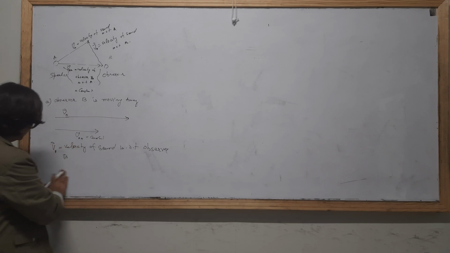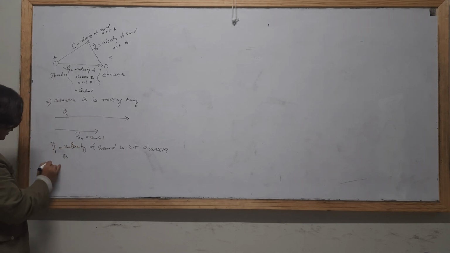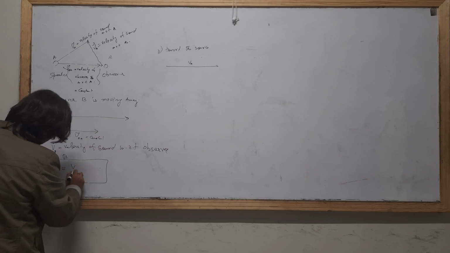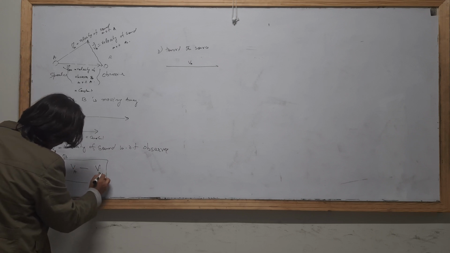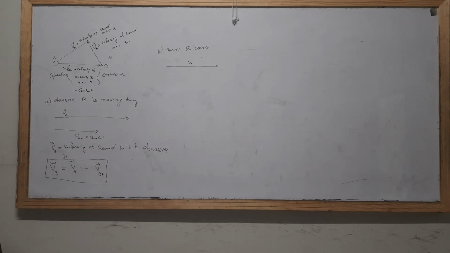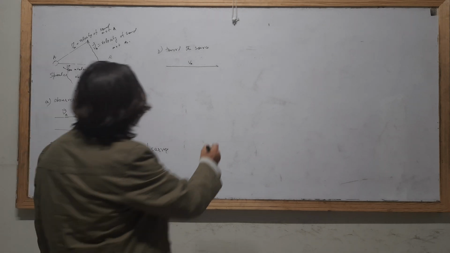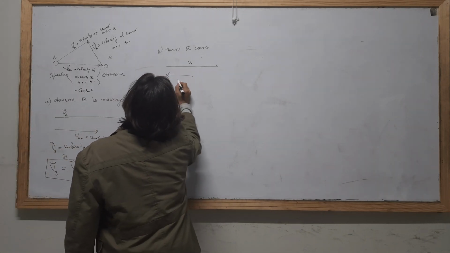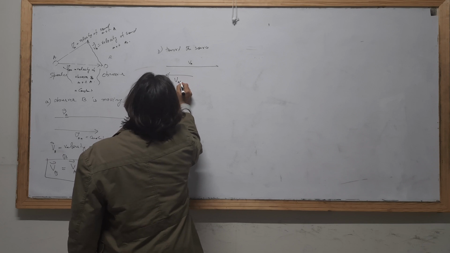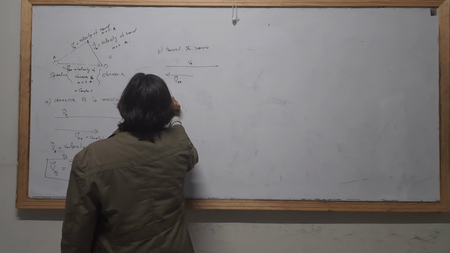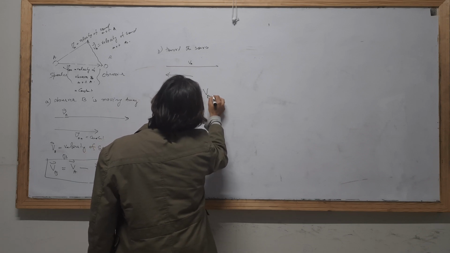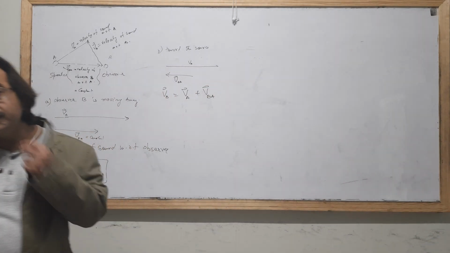I think I have written that VB was VA minus VBA. If the source is moving toward, then VB will be VA plus VBA.